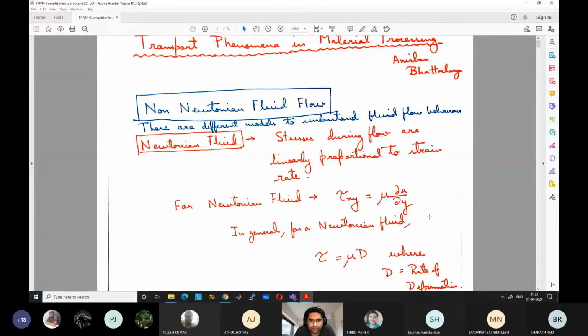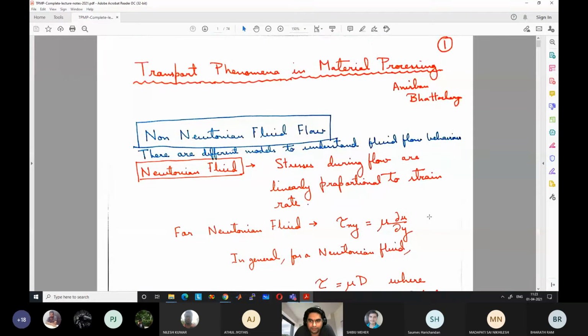If you make the rate of deformation twice, then the force required for that will also become twice. This type of fluid can be characterized by a parameter known as viscosity.